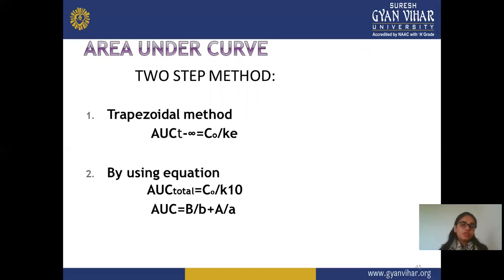In this method, AUC from time zero to infinity is equal to C0 divided by KE. By using the equation, we calculate that AUC total is equal to C0 divided by K10, which is equal to A divided by B plus E divided by A. So the equation method uses the formula, and the trapezoidal method means checking with the help of a graph.